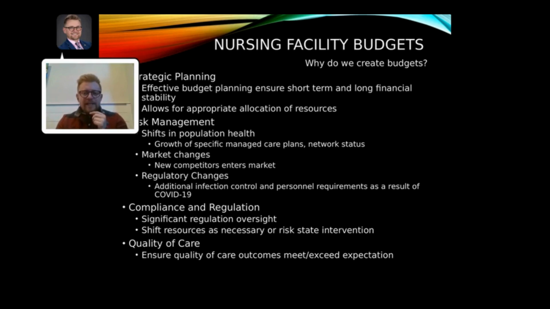The network status of your nursing home can change, or maybe the network status of a competing nursing home may change, and that can drastically impact your budget, your ability to meet the financial obligations, and therefore the resources that you have available to take care of your patients.